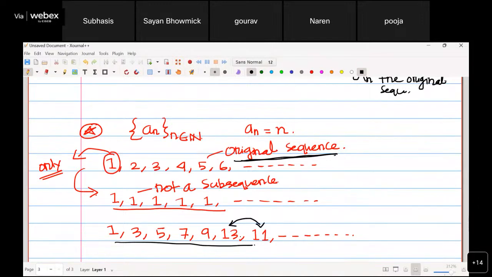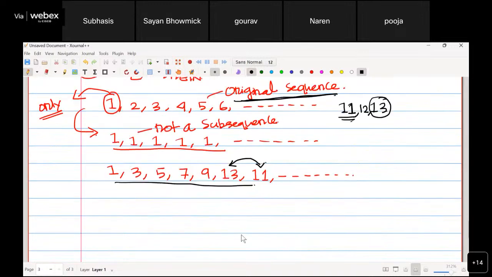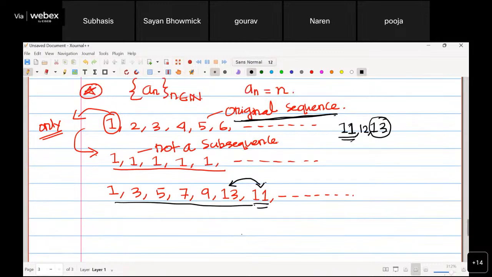In my original sequence, 13 will come after 11, right? I have 11, then I have 12, then I have 13. So 13 is coming after 11. But in my subsequence, as you can see, 13 is coming before 11, which is not allowed, because I can't change the order of the remaining elements of the sequence. So that's why this is not a subsequence.